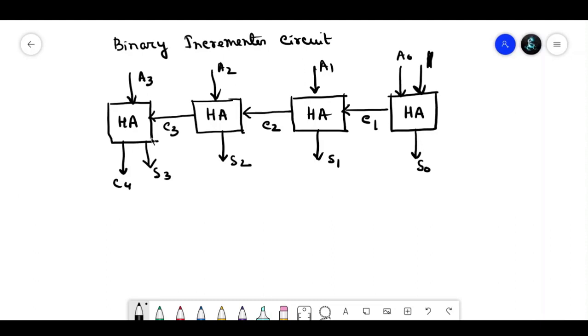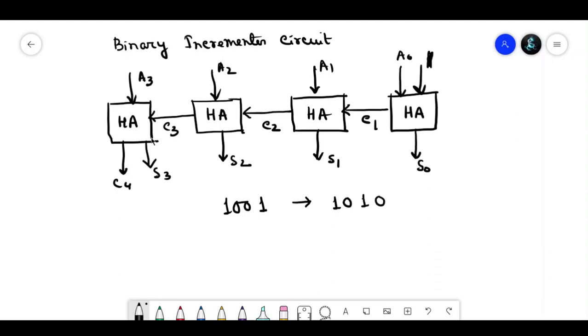So the binary incrementer unit is used to perform the increment microoperation. The increment microoperation adds 1 to the number stored in the register. For example, if a 4-bit register has the binary value 1001, then after incrementing it will be 1010.